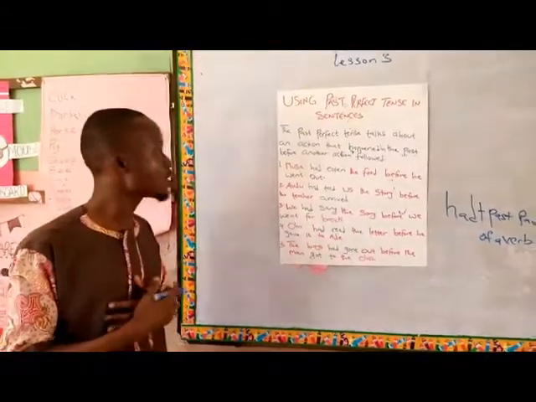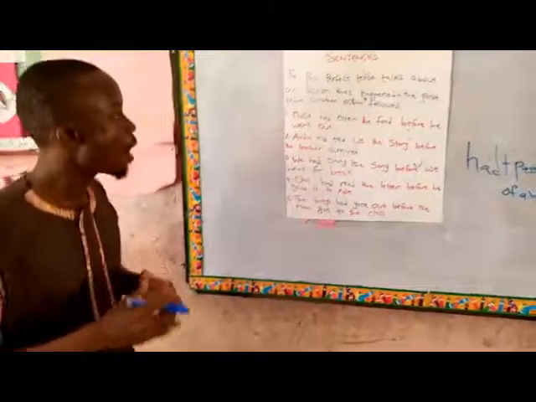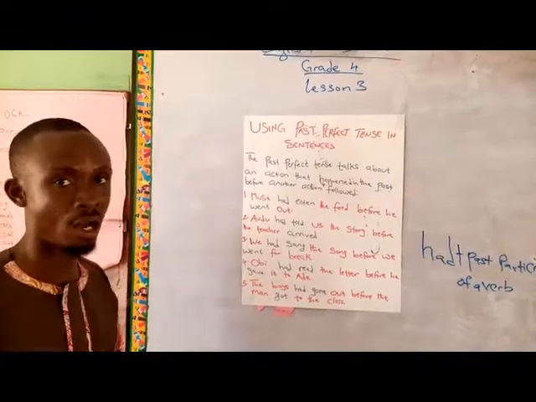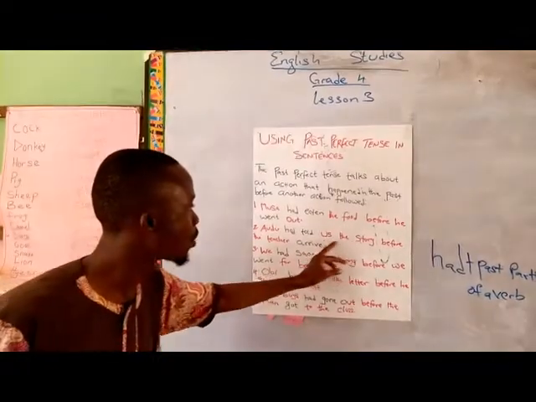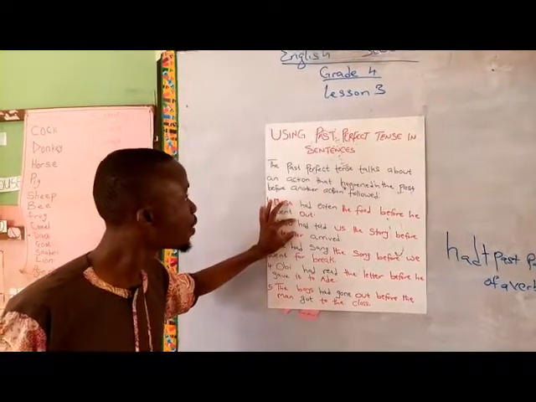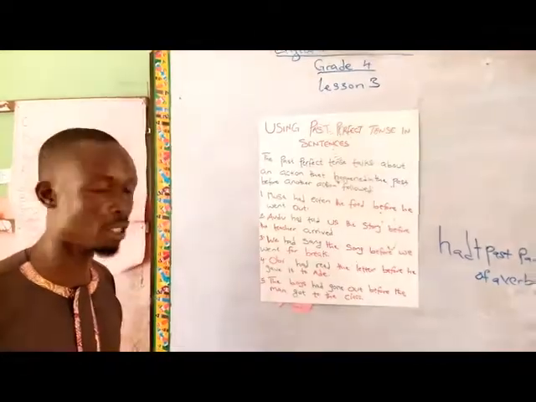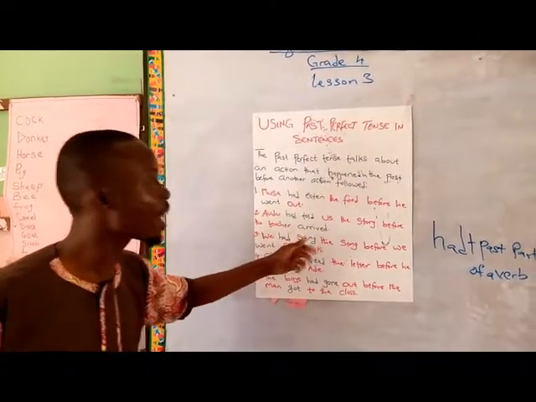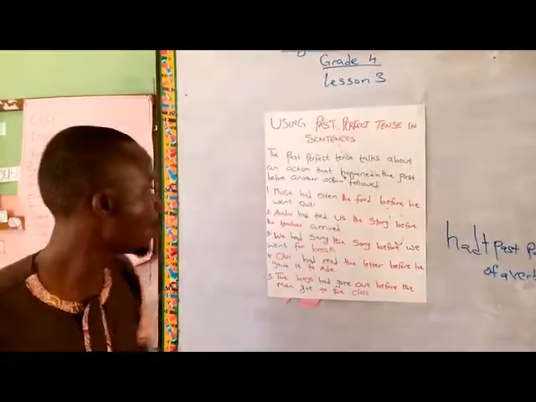If you look at the second sentence that we have here also, Awudu had told us the story before the teacher arrived. You can see that we have two actions here. The past perfect tense talked about an action that happened before another one followed it.